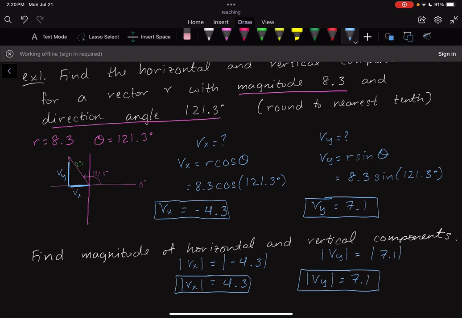Like we just want to know how big is the Vx, how big is the Vy. We don't actually care about the direction that it's going. But usually with horizontal and vertical components, we do want to care about the direction. So that's why we want to keep negatives, usually, unless it asks for the magnitude of it. So a little bit of something to be careful about.